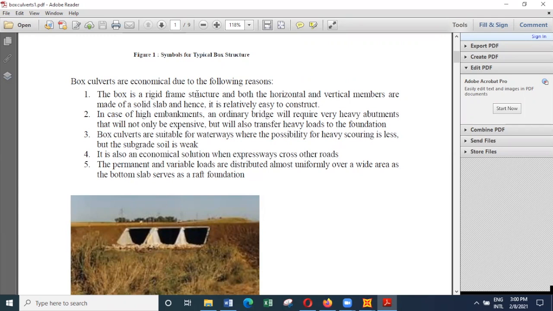But in the case of a box culvert, you can just construct the box culvert to the height that you need, and above that, you can just go for the soil fill. They are also particularly suitable for places where scouring is not there, and an economical solution for expressways when they cross other roads.